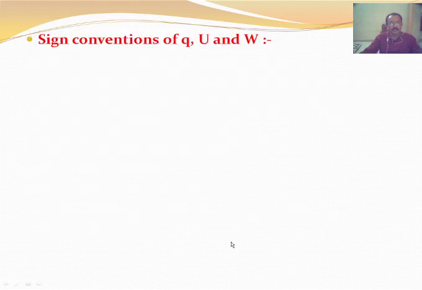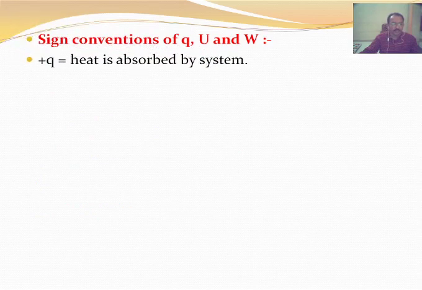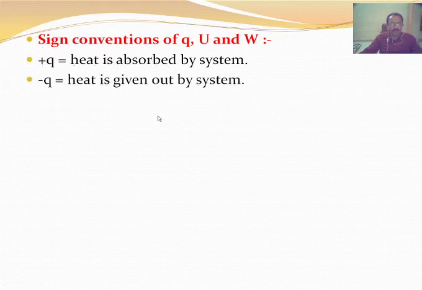Now, let us see the next point: the sign conventions of Q, that is heat, U, that is internal energy, and W, the work done. Plus Q is heat absorbed by the system. That means whenever heat is absorbed by the system or supplied to the system, Q is taken as positive. Heat given out by the system means heat is removed from the system.